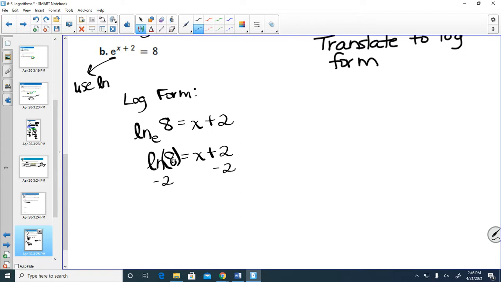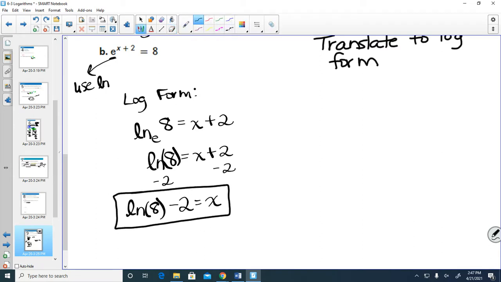But I can't subtract the 2 from the 8, because the natural log is being taken of 8 first, and then I'm going to subtract 2. So the natural log of 8, close parentheses, minus 2 is equal to x. Actually, this is the exact form. This is the exact answer.